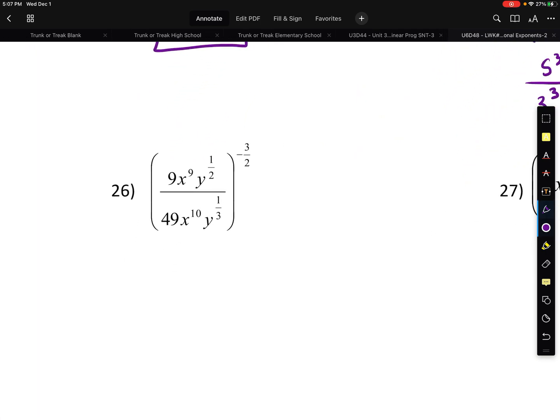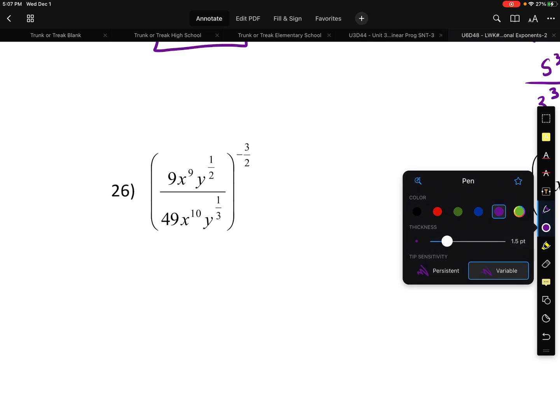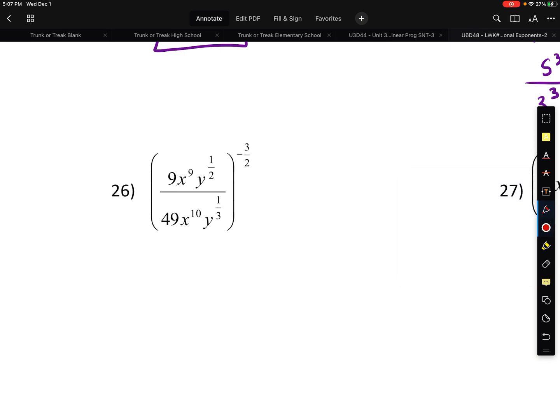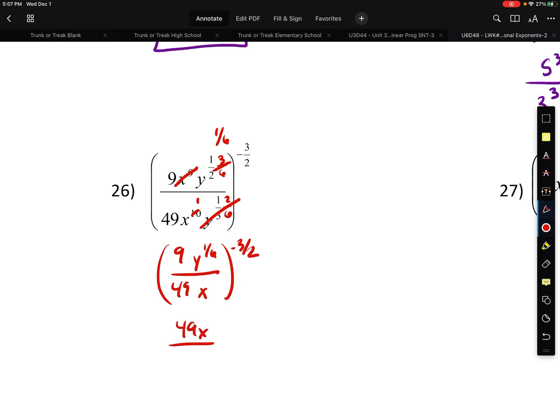All right, so just a different idea. I could start this off, get rid of that, be left with that. Common denominator, 3 over 6, 2 over 6. Get rid of this, be left with 1/6. So I'd have 9 y to the 1/6 over 49 x to the negative 3 over 2. Flip it, 49x over 9 y to the 1/6 raised to 3 over 2.